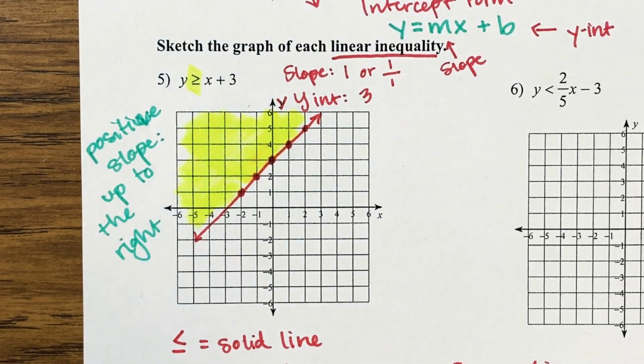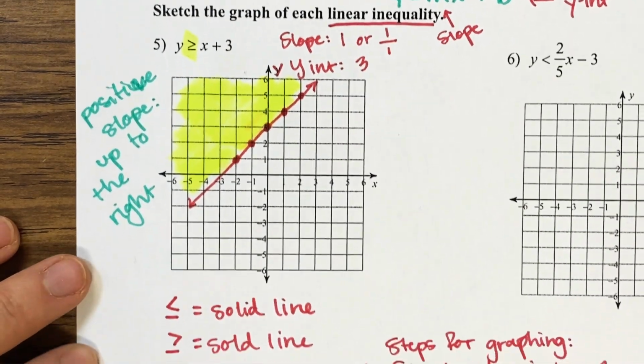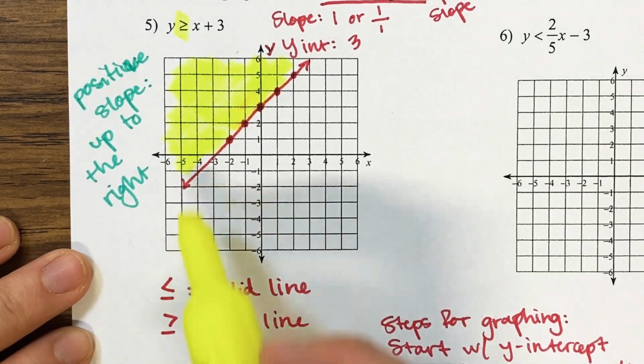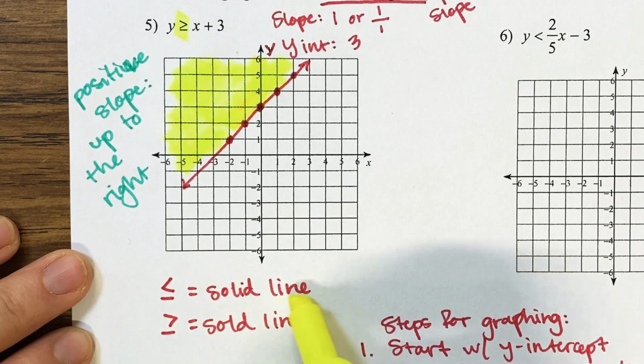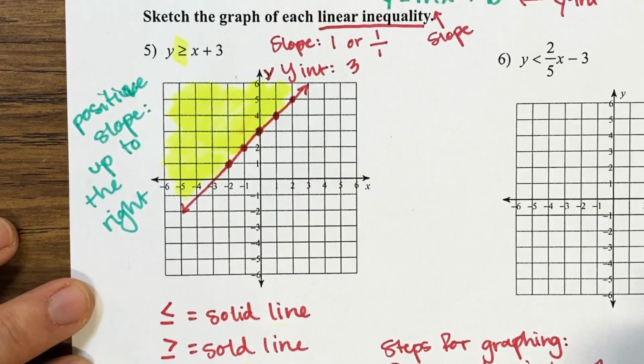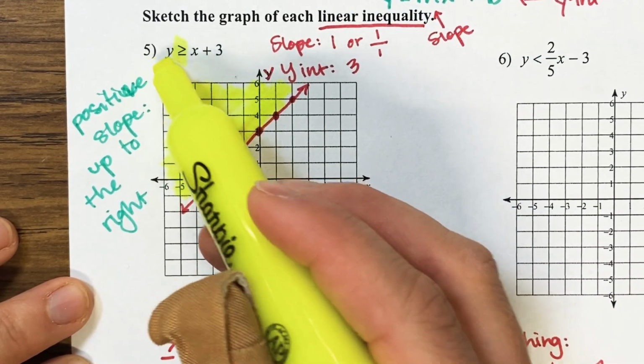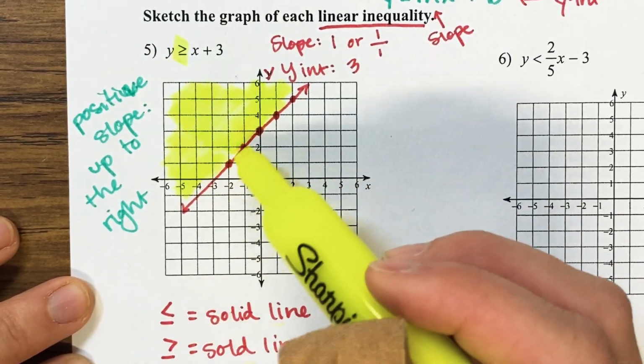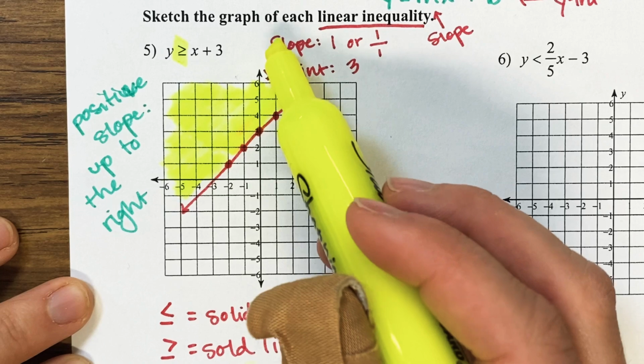One important thing to remember: look at your sign, because that's going to tell you whether it's a solid line or a dotted line. And then you must shade. In this case, y was greater than, so we had to shade the y values that were getting bigger or greater than.